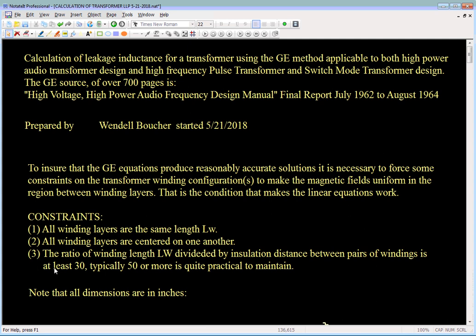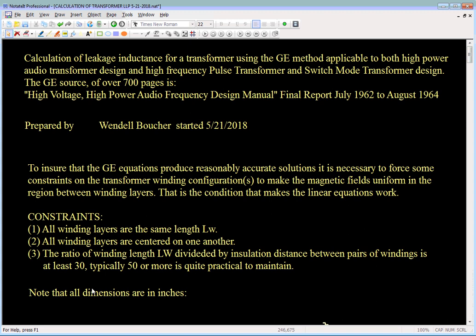Number three, the ratio of winding length, LW, divided by insulation distance between pairs of windings is at least 30. Typically 50 or more is quite practical to maintain. Not hard to do this.